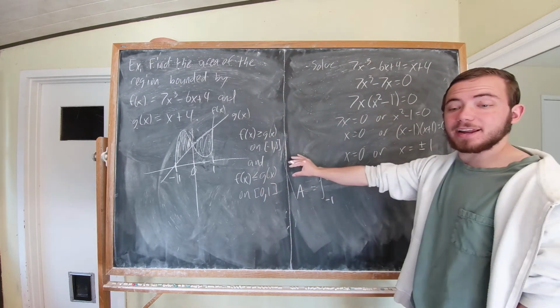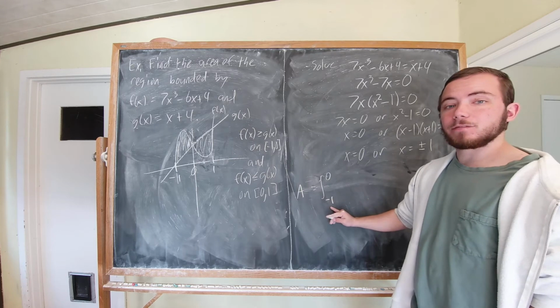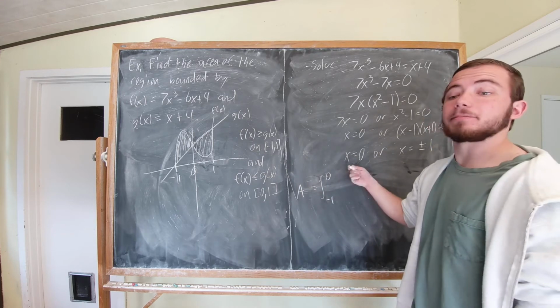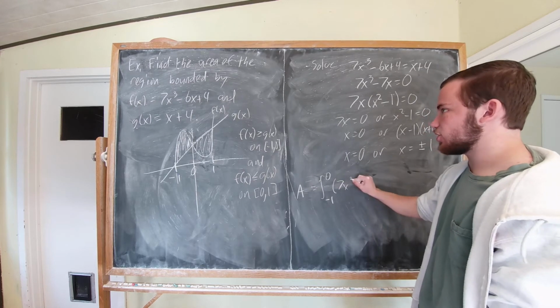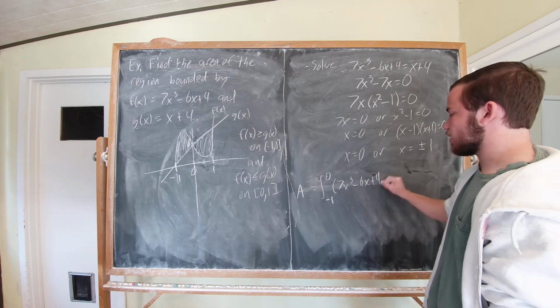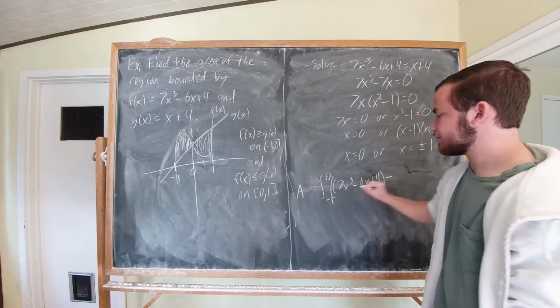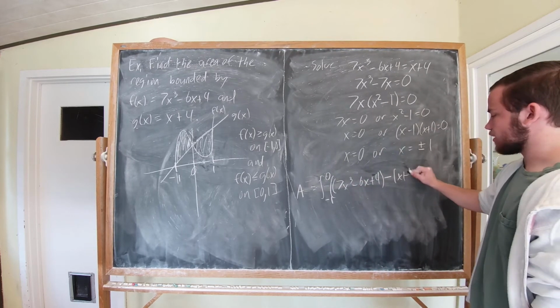With that setup out of the way, from -1 to 0, we have f of x minus g of x. So we're going to have 7x cubed minus 6x plus 4 minus x plus 4.